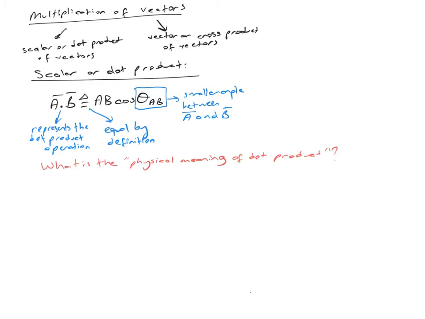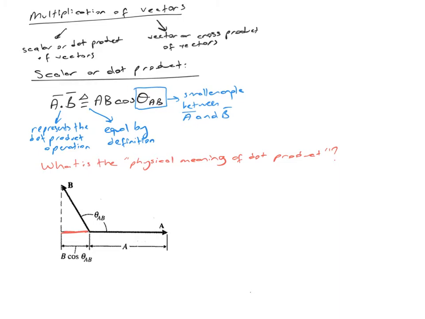Then naturally this question comes to mind: what is the physical meaning of dot product? As it is seen from this figure, the physical meaning of dot product is the projection of a vector on another vector. Vector B projects on vector A this much. Let's write it down.